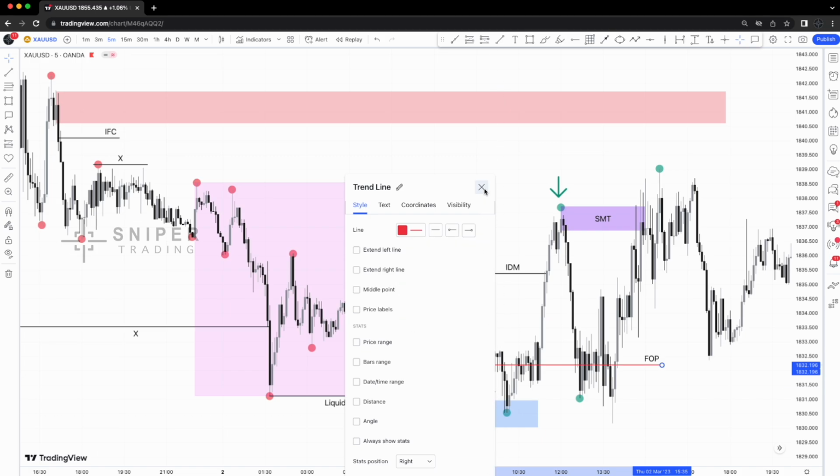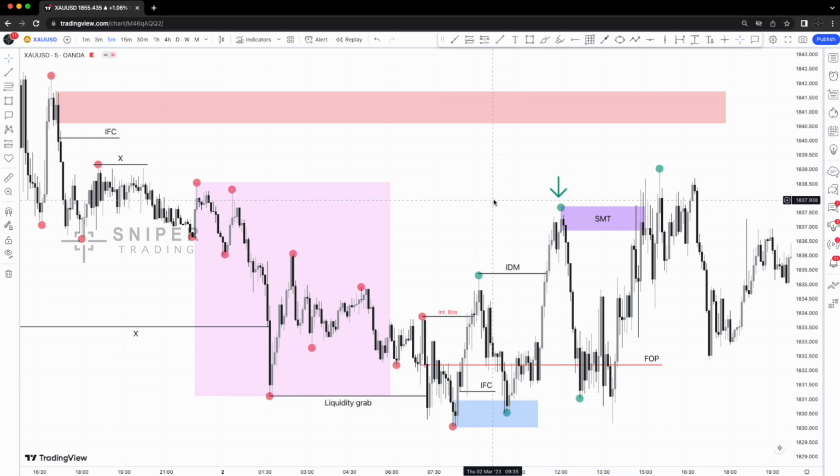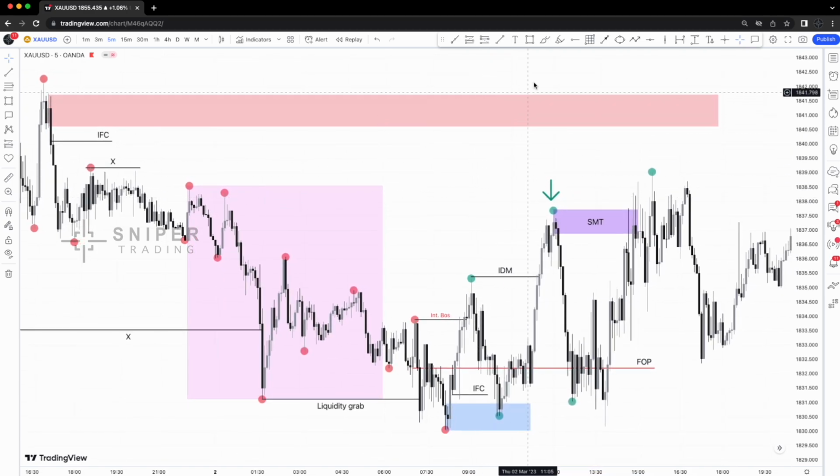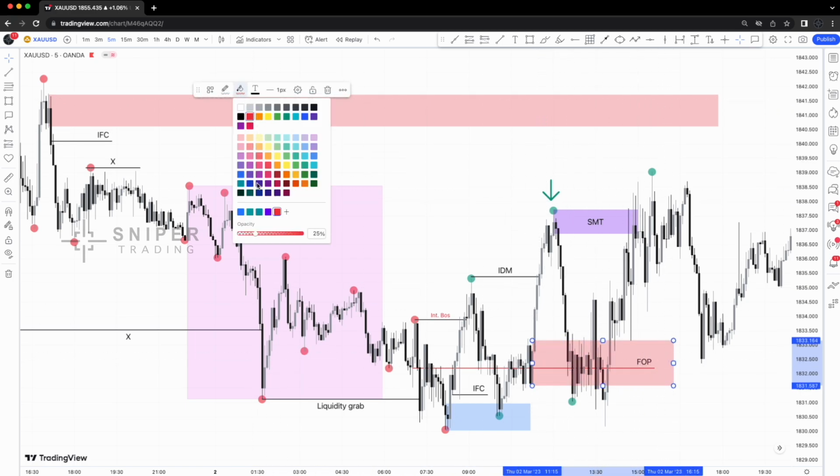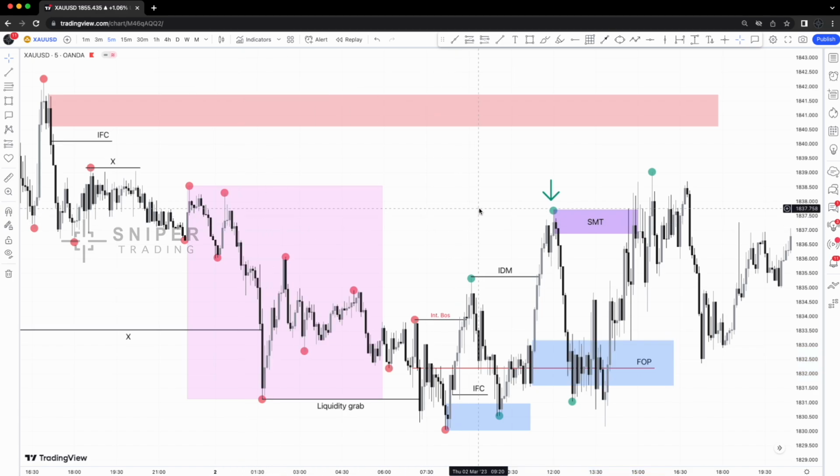That's good. After this, we are going to be having a blue demand zone all the way to the Frankfurt open price line. Yes, blue demand zone.